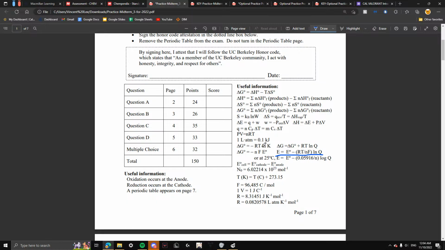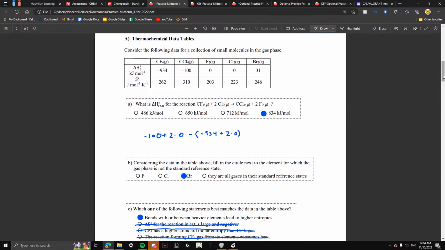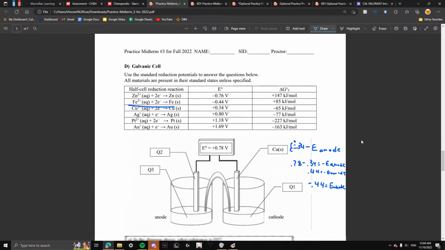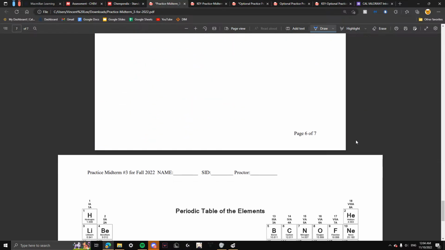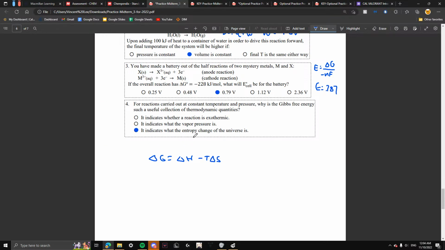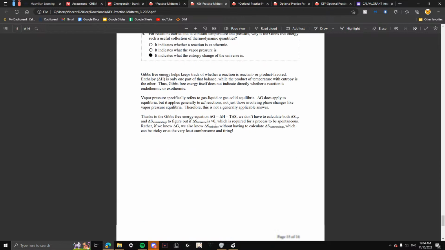By just looking at the number, we can't tell if it's at standard or non-standard, because that's just something that's given most of the time. So we can't always tell what the vapor pressure of everything's going to be. And for the entropy change of the universe, I honestly didn't really pay attention to that. I just did process of elimination, but we can look at what they say in the answer key.